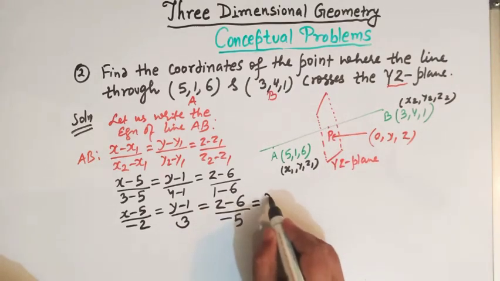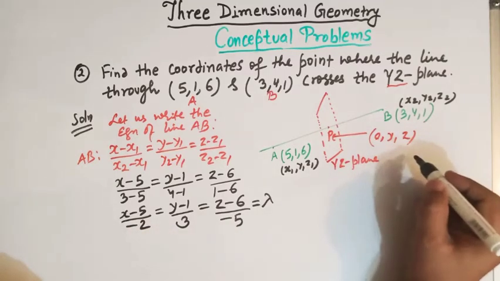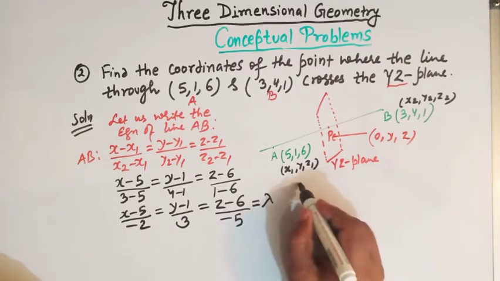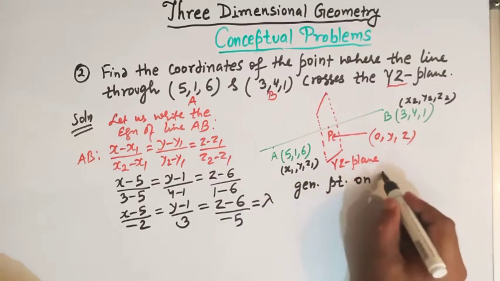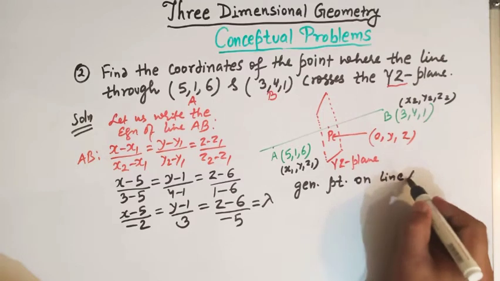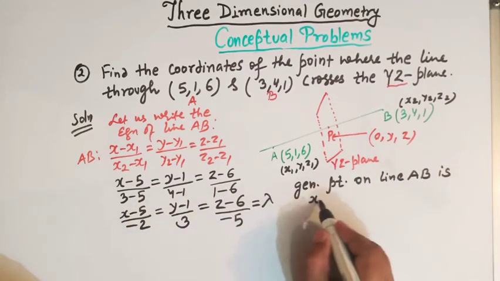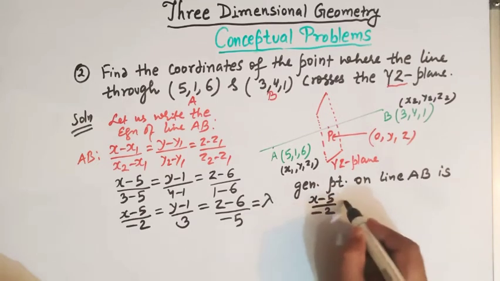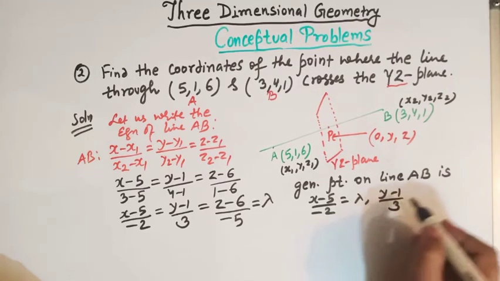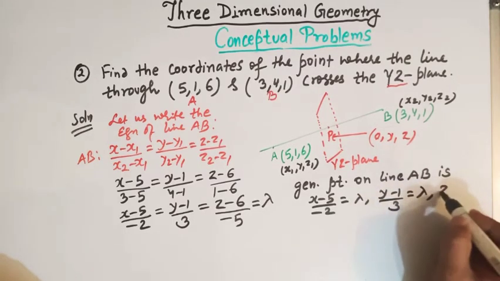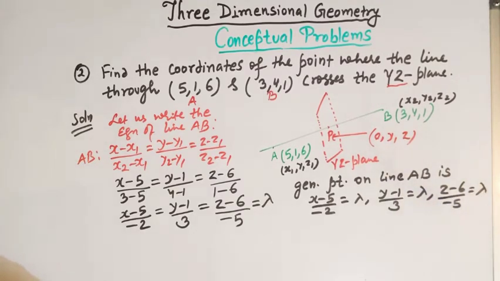Now let us take the parameter lambda. Now the coordinates of any general point on line AB are given by x minus 5 by minus 2 is equal to lambda, y minus 1 by 3 equal to lambda, z minus 6 by minus 5 is equal to lambda, right?